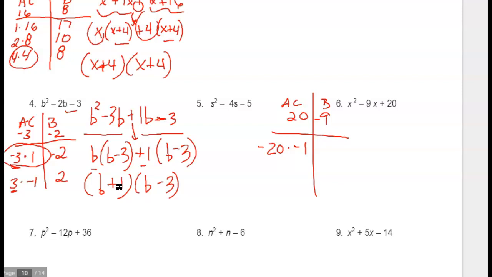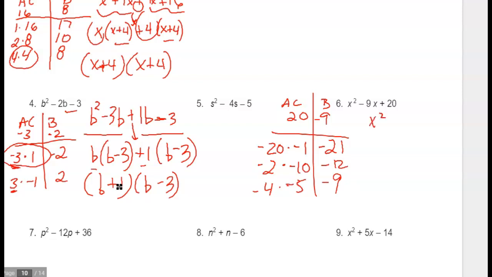And they add to get a negative 21. So then my next number, negative 2 times negative 10. That gets me a little closer. And I can't do 3, but I can do 4. Negative 4 times negative 5 is a positive 20. And it adds to get that negative 9 that I needed up here.